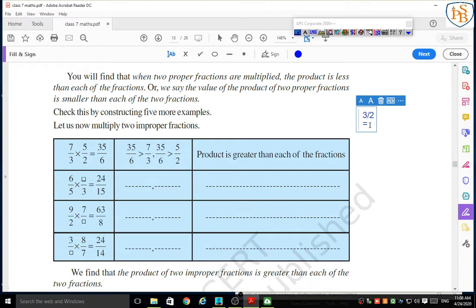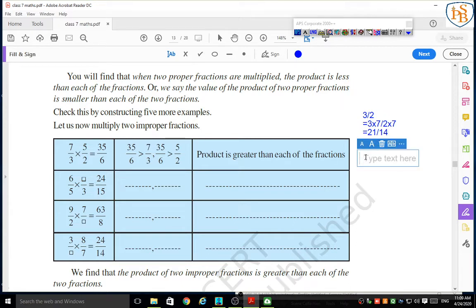We want the denominator as 14, so we have to multiply this fraction by 7. So 3 into 7 upon 2 into 7. I will get 3 7s are 21 and 2 7s are 14.